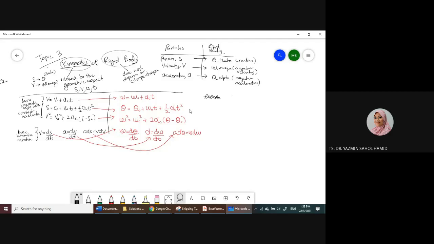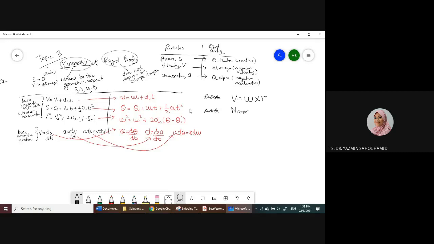Okay, velocity. Even though we are in rigid body, they can also ask what is the velocity. Velocity will equal omega times r, r is radius. And then if they ask you the normal acceleration, this is another formula.